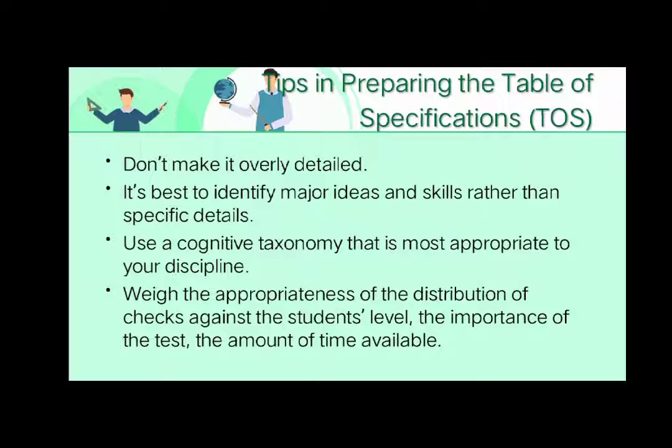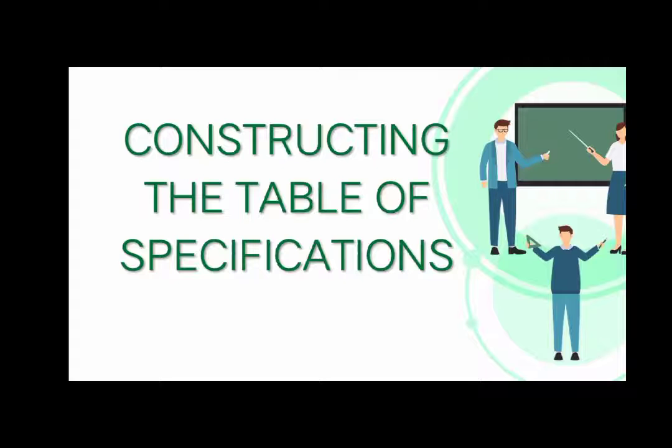Weigh the appropriateness of the distribution of checks against the students' level, the importance of the test, and the amount of time available. So for further explanation about constructing the table of specification, my groupmate will continue the discussion.